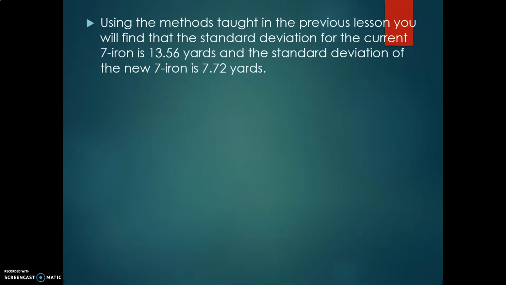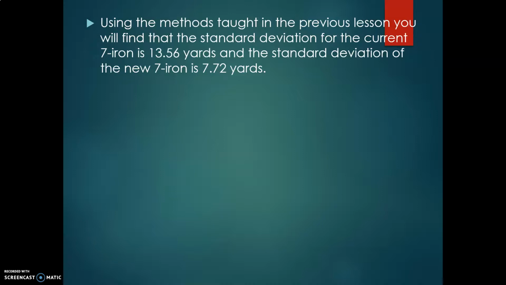So how do we do this? Well, the first thing we have to do is come up with our test statistic. If we use the methods taught to us in the previous lesson, you can go back and watch that if you need to remember how to find the standard deviation. The standard deviation of the current club was 13.56 yards, and the standard deviation of the new 7-iron is 7.72 yards.